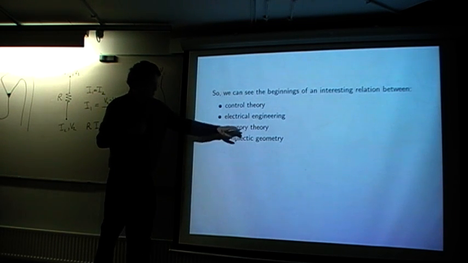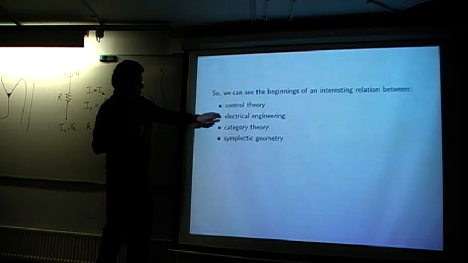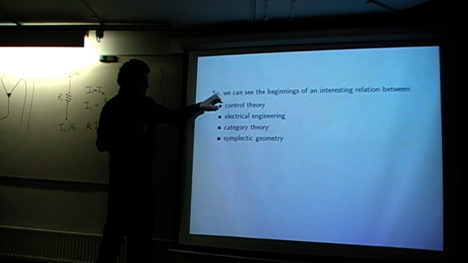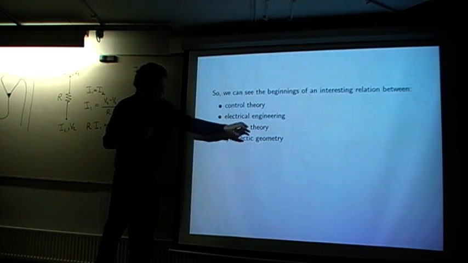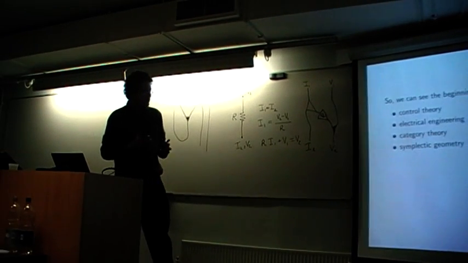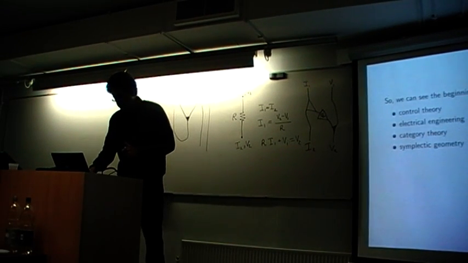And then finally symplectic geometry, which says that the control theory diagrams you get are not arbitrary ones, but only those that get along with the symplectic structure. And that will become much more interesting in the non-linear case.